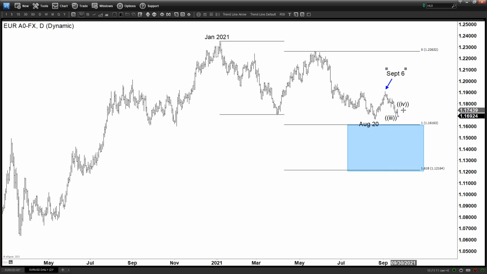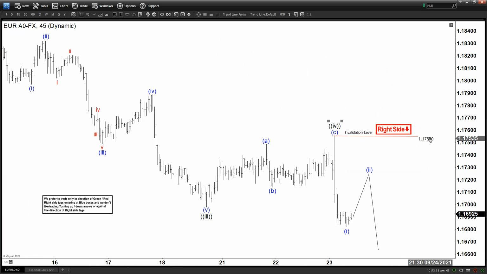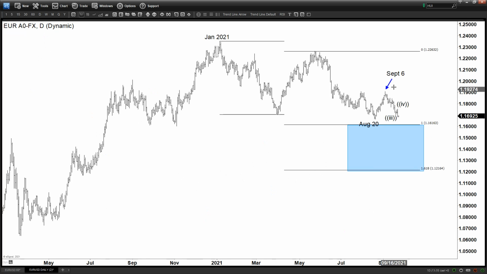Now the options to go there is either to continue going down right away and hit 116.20, while holding below 117.55 in the shorter cycle, or alternatively, we could be ending this 5 waves down already, and then we get a rally to correct this 5 waves down from September 6th and go down again.